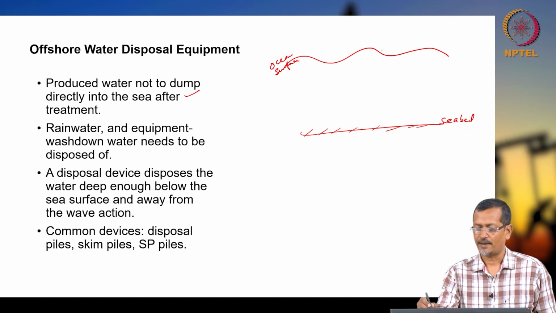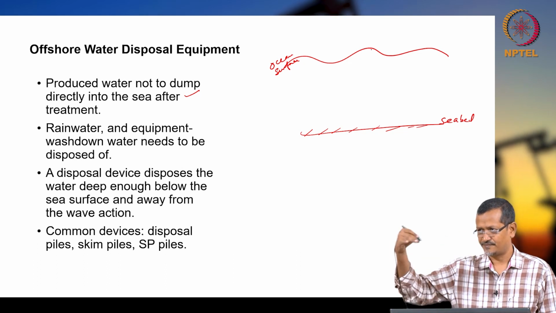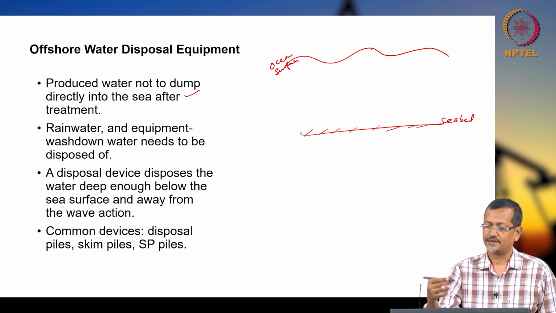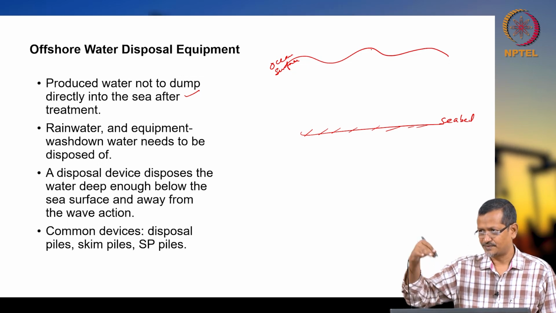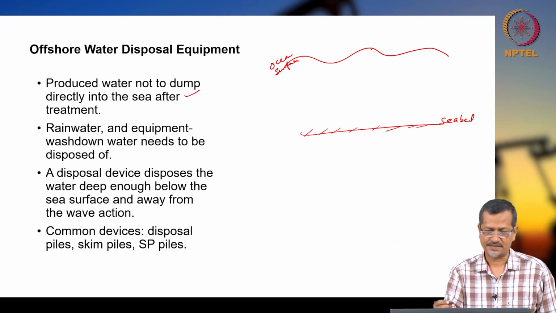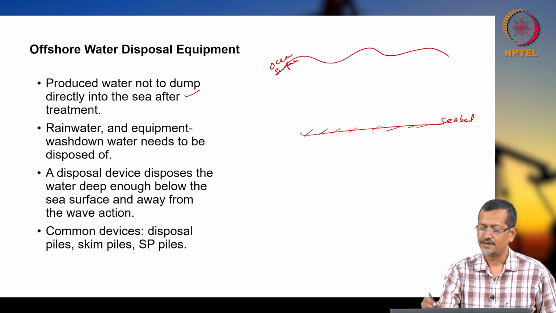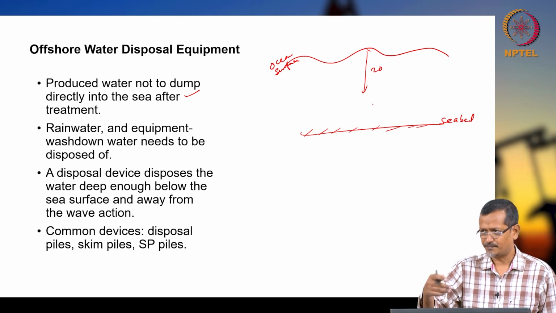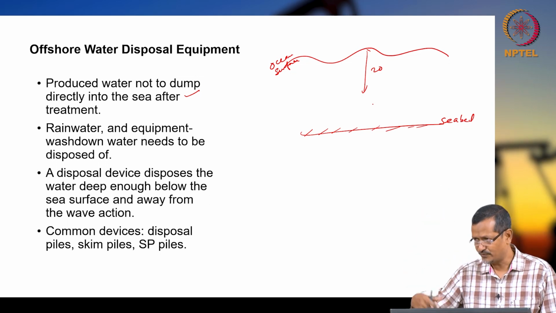So, what happens at the ocean surface, there will be waves, tidal waves, tidal variation of water, and there will be local waves, a few waves coming per minute. If you go to any local sea beach, you will see these waves coming, right. And the wave effect will be around 20 meters or so. Okay. So, your disposal pile or pipe will be coming below the wave action.